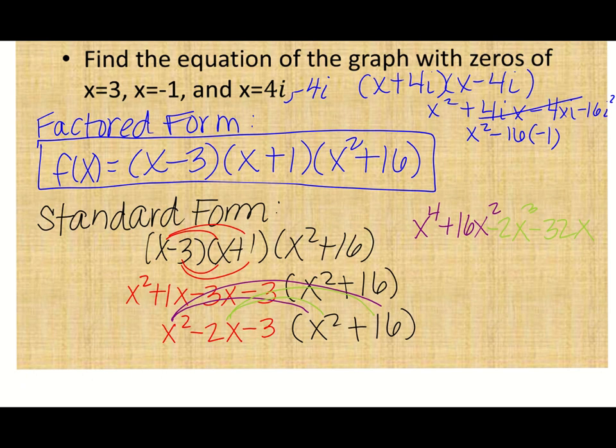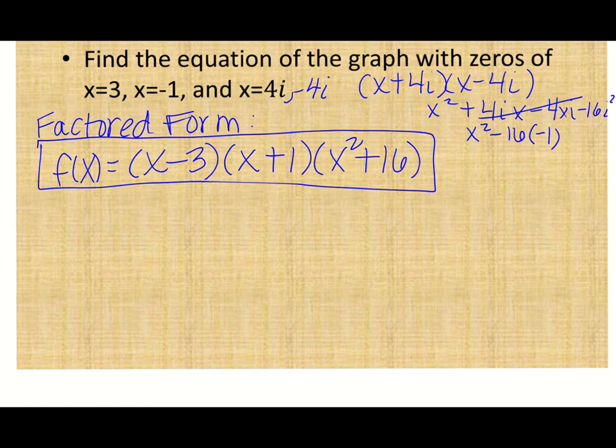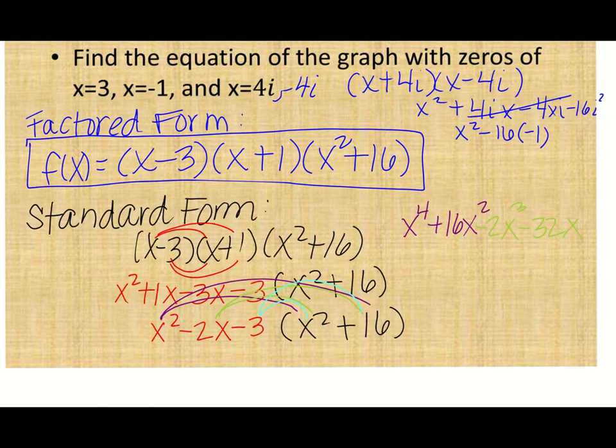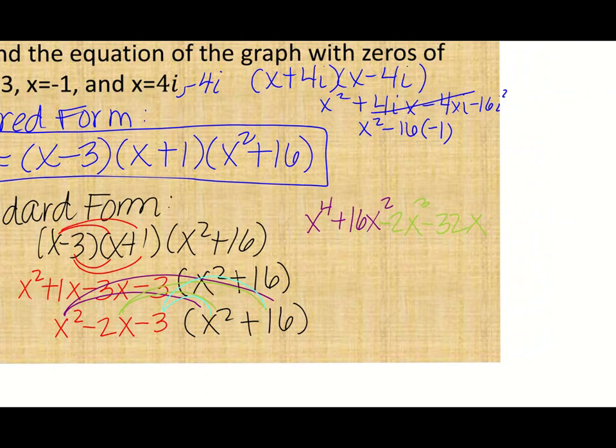Then I'm going to multiply in my next term, and that is going to give me -3 times x squared and -3 times 16. So -3 times x squared is -3x squared, and then -3 times 16 gives me -48.